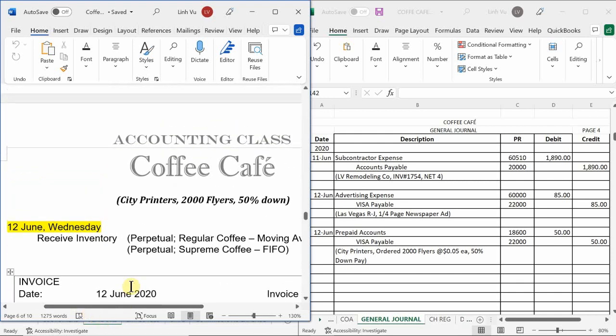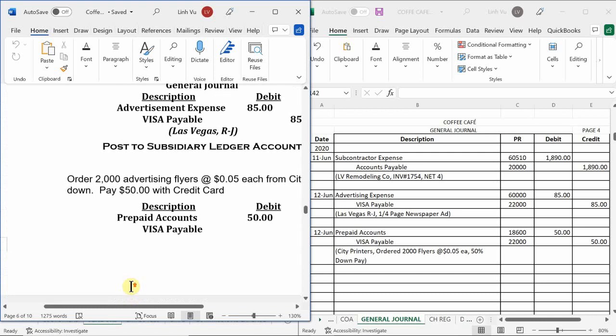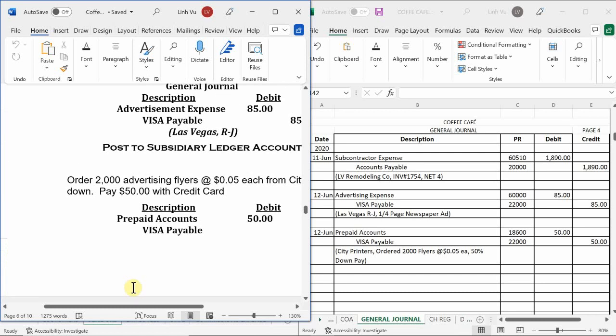And how come that one doesn't go in like the purchase orders? That's a good question. In this case, you can if you want to. If you want to purchase order these, you can. But in this case, we actually went to the actual office itself and ordered them there. We didn't call them and submit a purchase order.